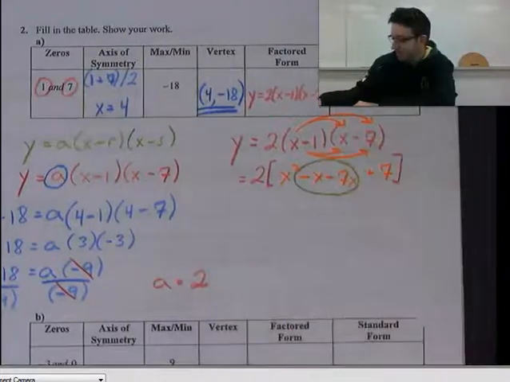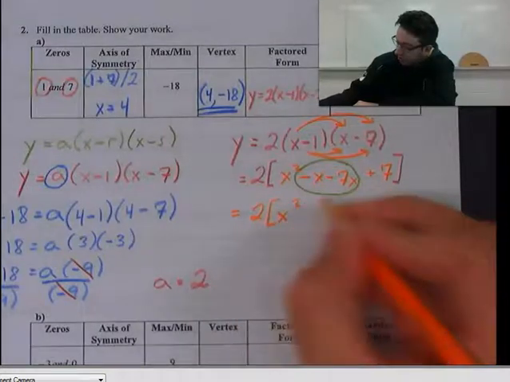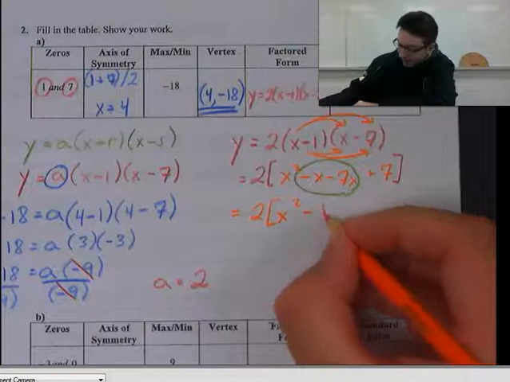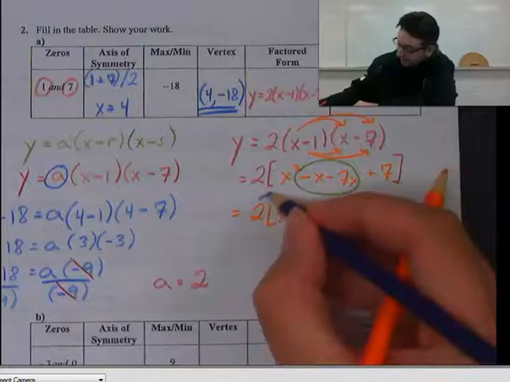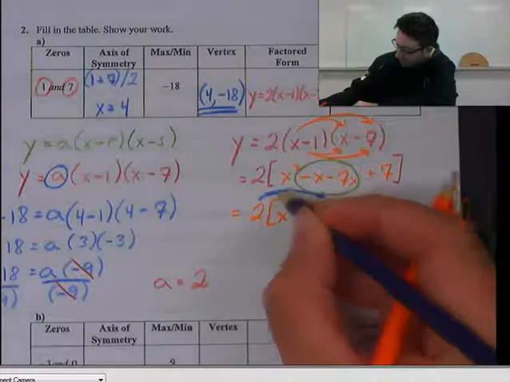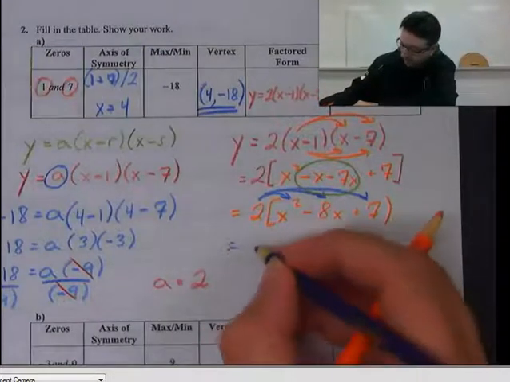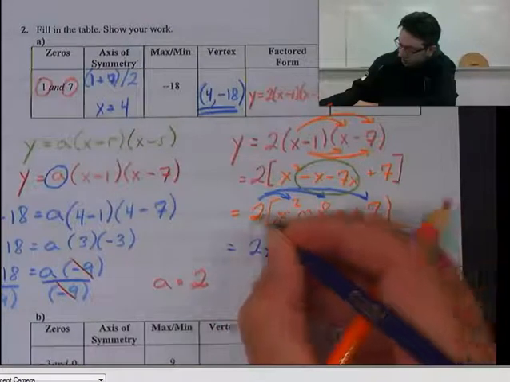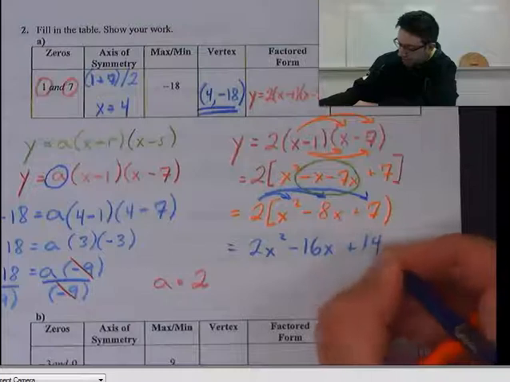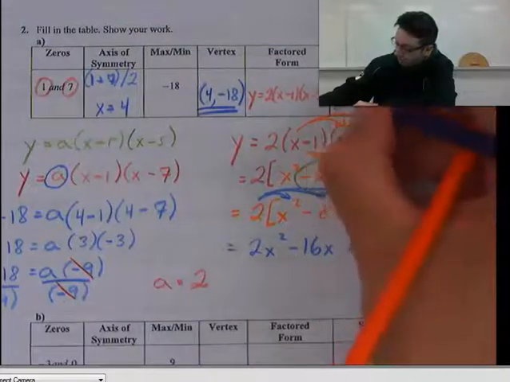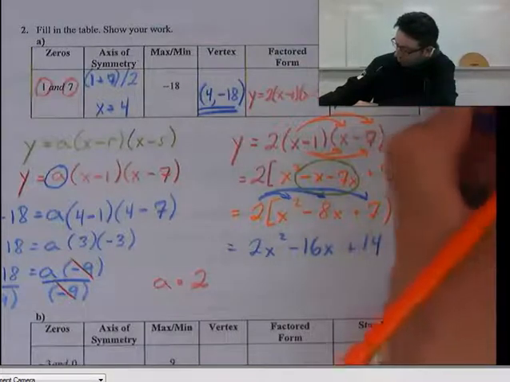I'm still just leaving that 2 out there until I'm ready for it. So you have x squared, minus 1 and minus 7 give me minus 8x, plus 7. Now is when I can take that 2 and distribute it throughout that trinomial. So we get 2x squared, 2 times minus 8 gives us minus 16x, plus 14. So there is our equation in standard form. Let me just pause there.